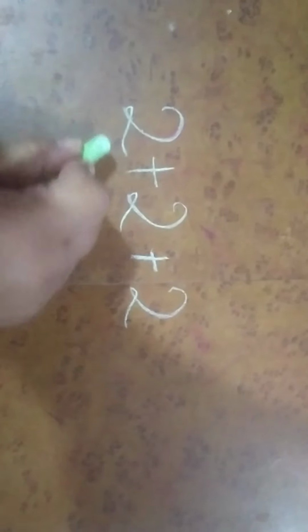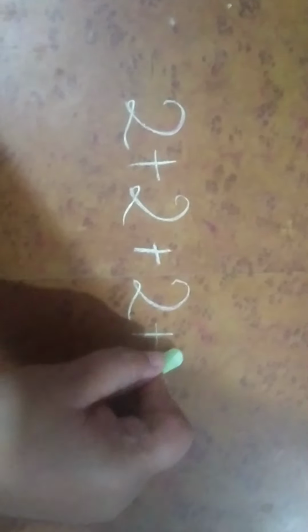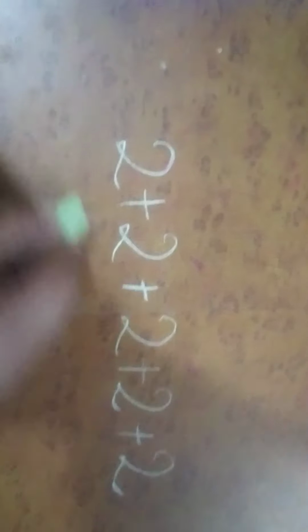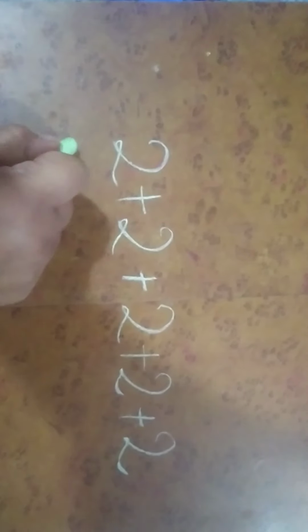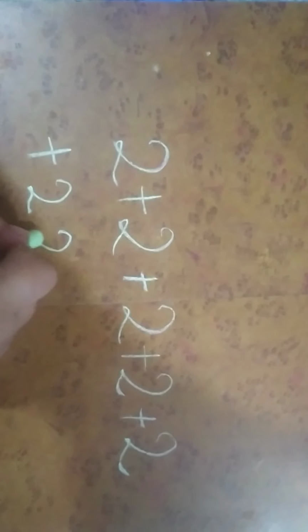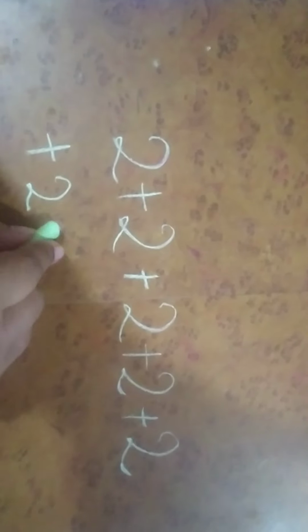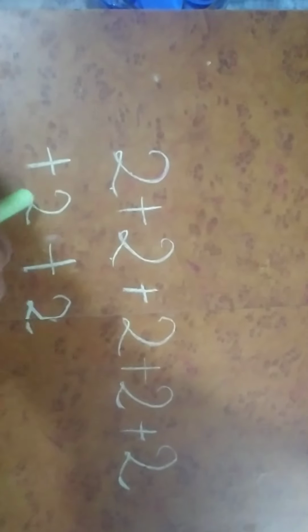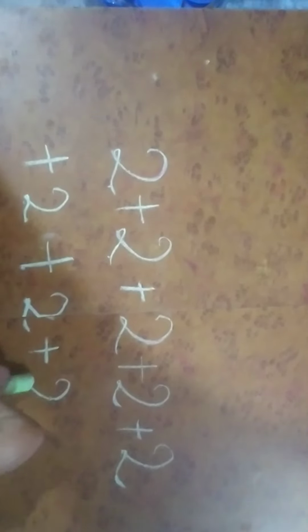If it is 2 plus 2 plus 2 plus 2 plus 2, then again plus 2. So 1, 2, 3, 4, 5, 6, 7 and 8.